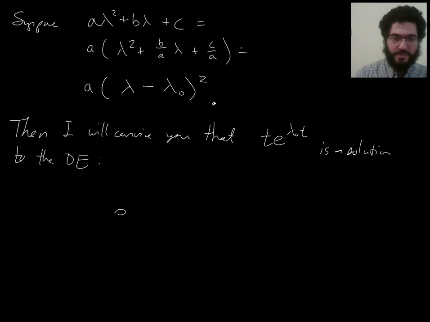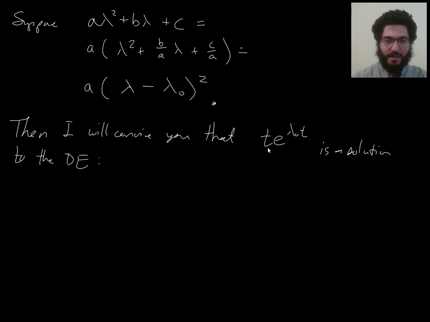You should already be convinced that e to the lambda naught t is a solution, because demanding that be a solution is how we got to the idea in the first place that we want these roots. This is where I still need to convince you that something good happens.